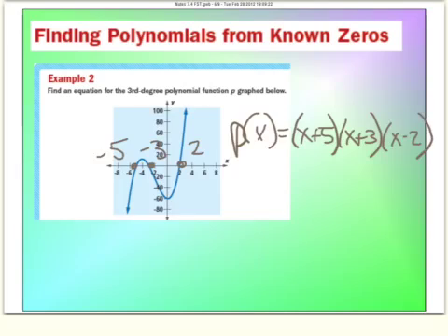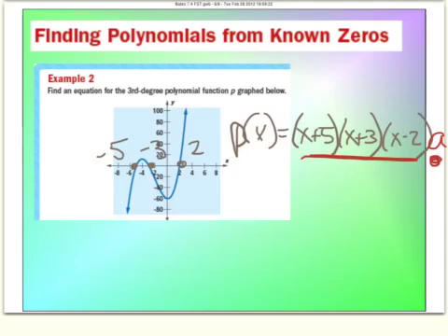So we have to account for some type of scale factor or a stretch, and I'm going to call that the letter a. So what I could easily do is multiply these 3 binomials together and get a 3rd degree polynomial. My only issue is, is there a number in there bigger than 1 that causes this graph to stretch?